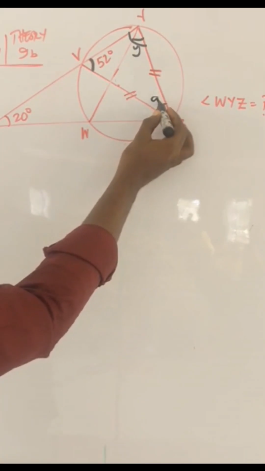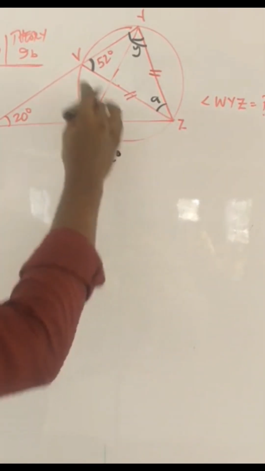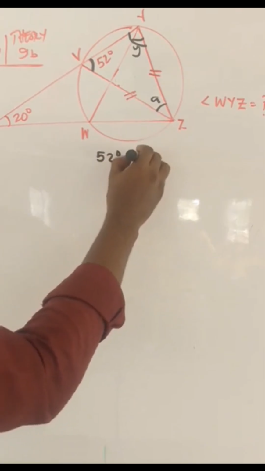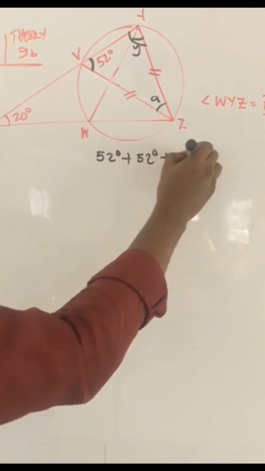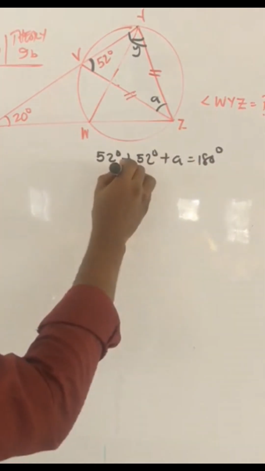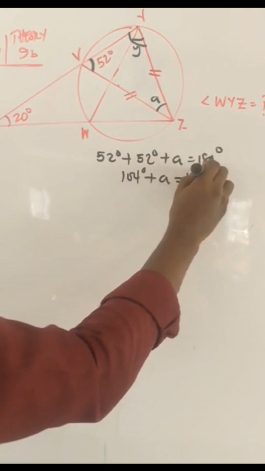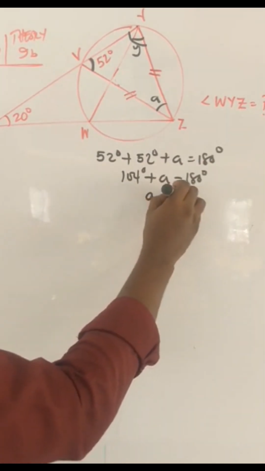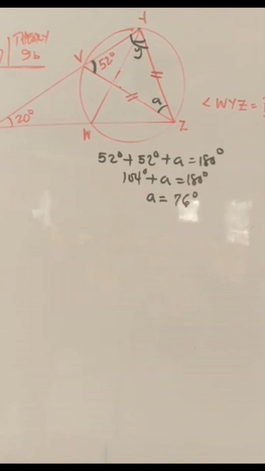Let's call it A. So obviously, 52 degrees, which is angle V, plus 52 degrees, which is angle Y, plus A must give 180. So here we have 104 plus A equals 180. From here, what is the value of A directly? We are not asked to get A, but we may need it.